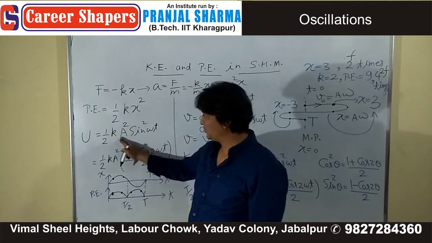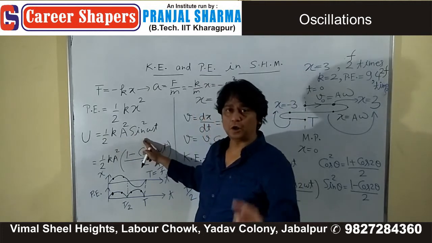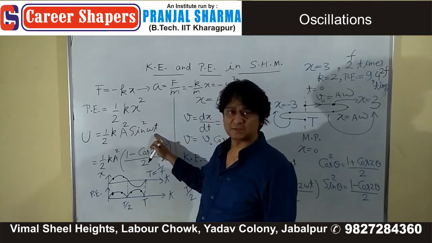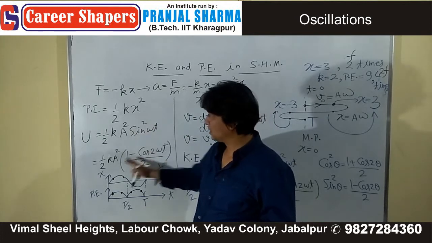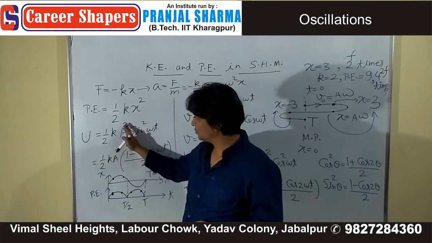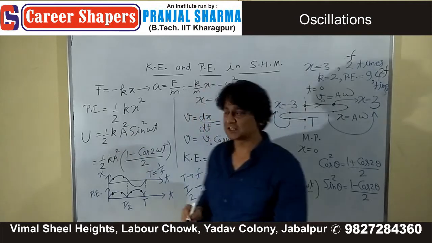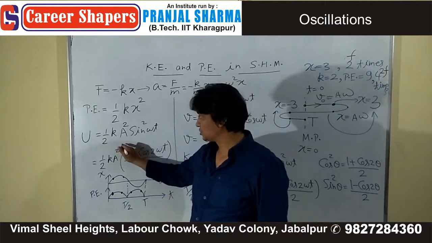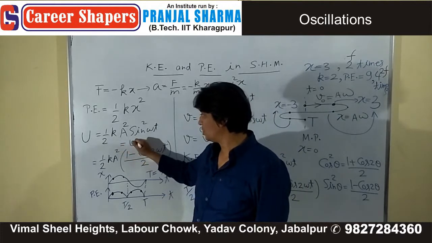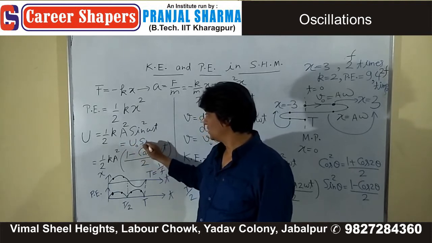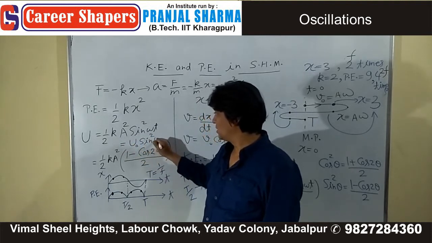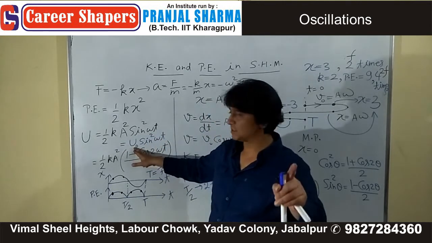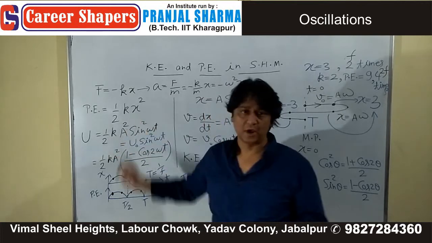Now, the coefficient of the sine part always gives you its maximum. When your sine becomes maximum, which is 1, U will be maximum. This half k A square is the maximum potential energy. So we can write this U as U naught sine square omega t. That's your maximum. What is the maximum? Half k A square.